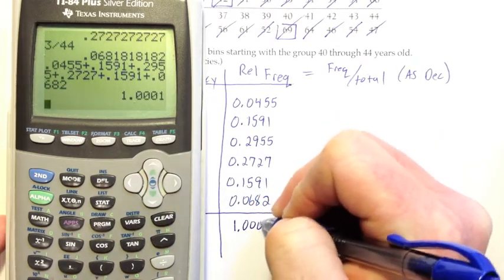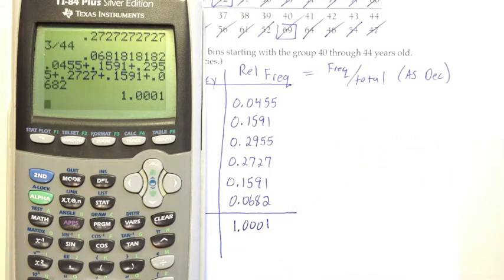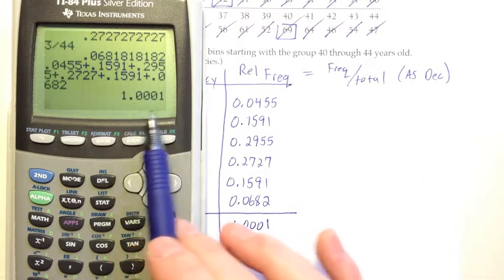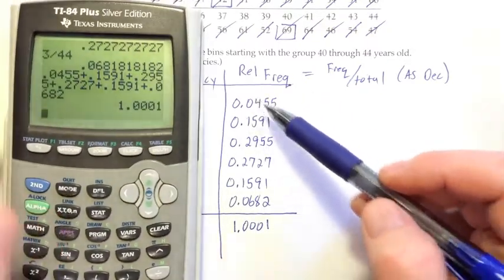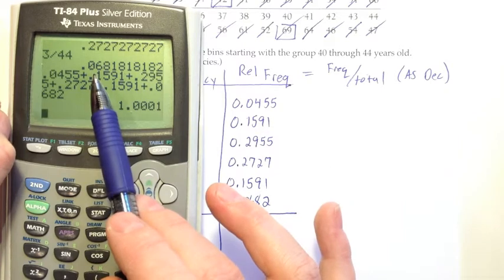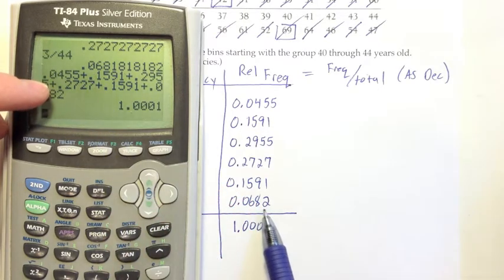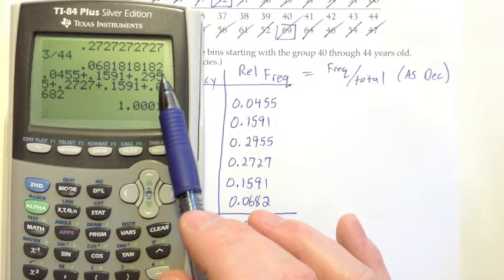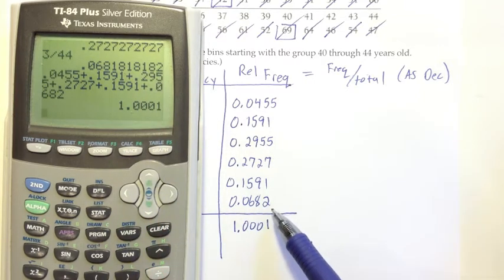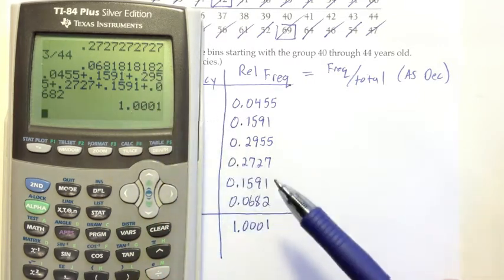Whatever I get, I'm going to put, unless it's obvious that I've made a mistake, and then I'll try and check for the mistake. But you might wonder why aren't we getting 1, and the answer is fairly simple. On all of these percentages, we can just look at this last one here. We didn't get 0.0682 on our calculator. We got 0.068181882. When you shorten that up and round it, whether you round up or down, you're bringing in error.